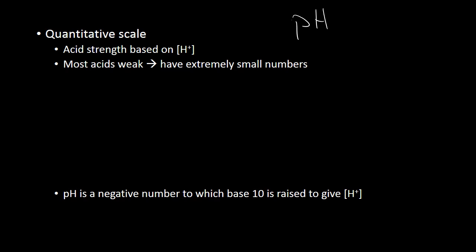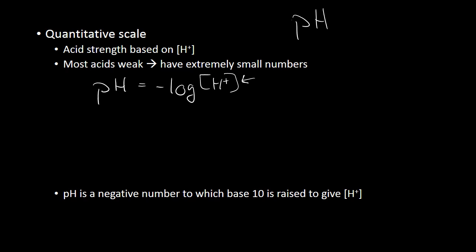So there are two calculations you need to know. pH equals the negative log of the hydrogen ion concentration. This number right here is going to be really funky, and that is why we like that a pH of 1, a pH of 2, a pH of 3, and so forth gives us a really nice way to understand the strength of an acid or base.